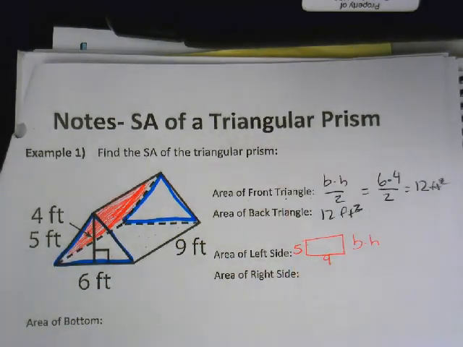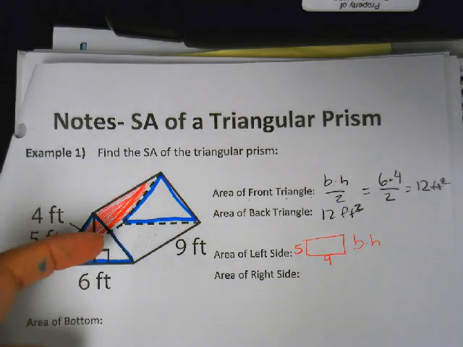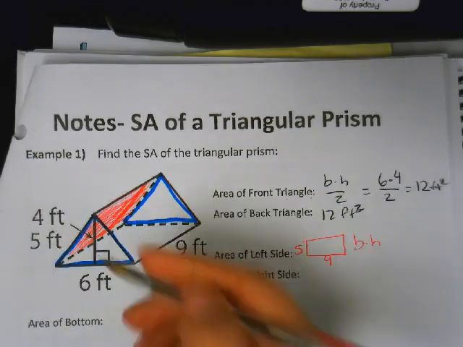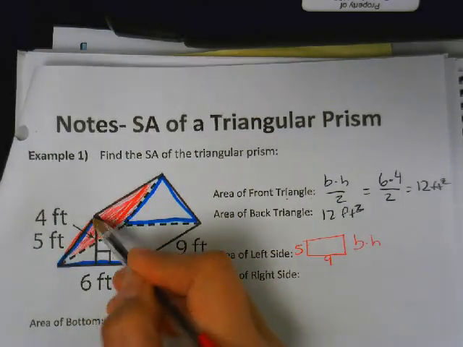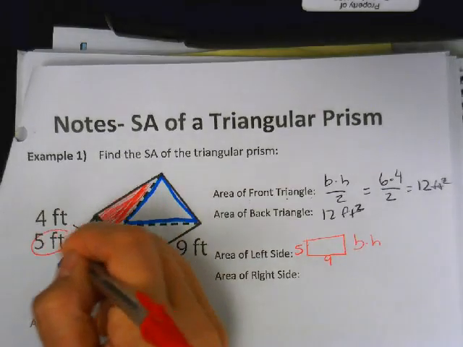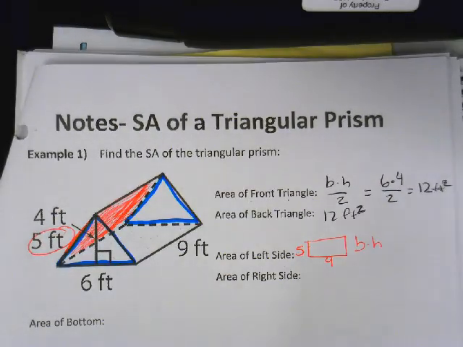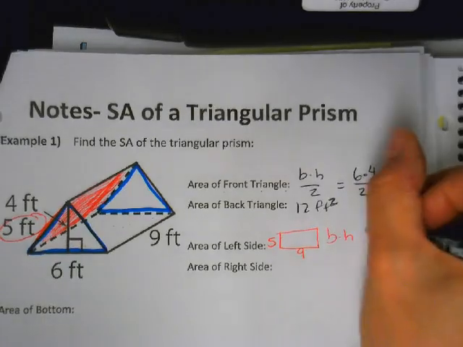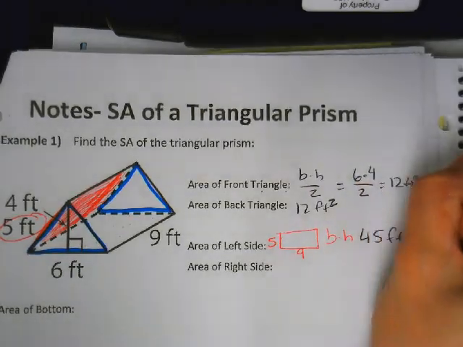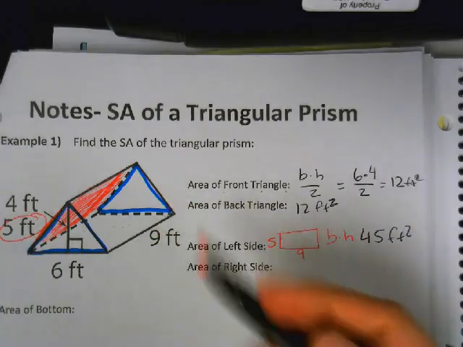So this is where I talk about spatial reasoning. Can your brain turn this object around and see where the numbers land? The 4 is inside the triangle. The 5 is this side right here. So what's 9 times 5? 45 feet squared.